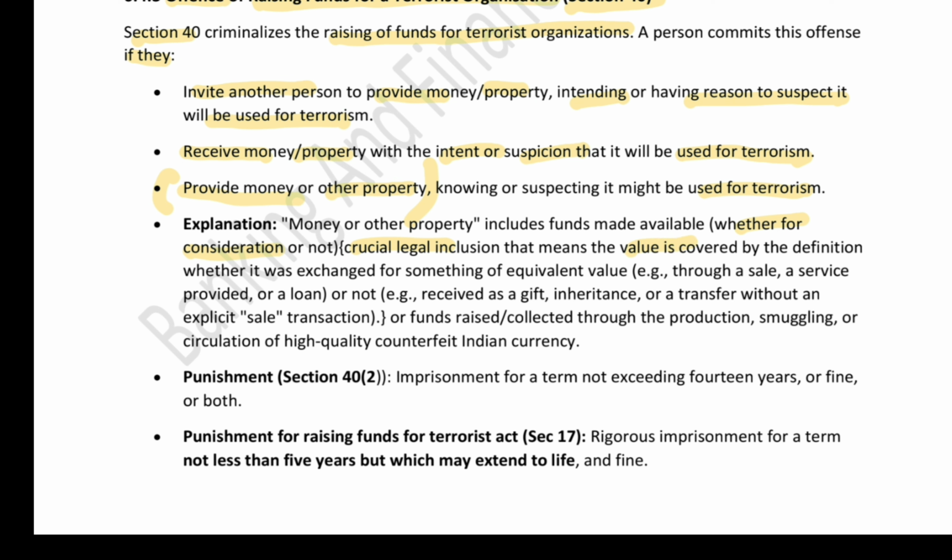That means the value is covered by the definition whether it was exchanged for something equivalent, like through a sale deed, a service provided, or a loan given to the terrorist organization or persons related to it, or it can be something else, like received as a gift, inherited property, or transfer without a sale transaction. It also can be funds raised or collected through the production, smuggling, or circulation of high quality counterfeit Indian currency.